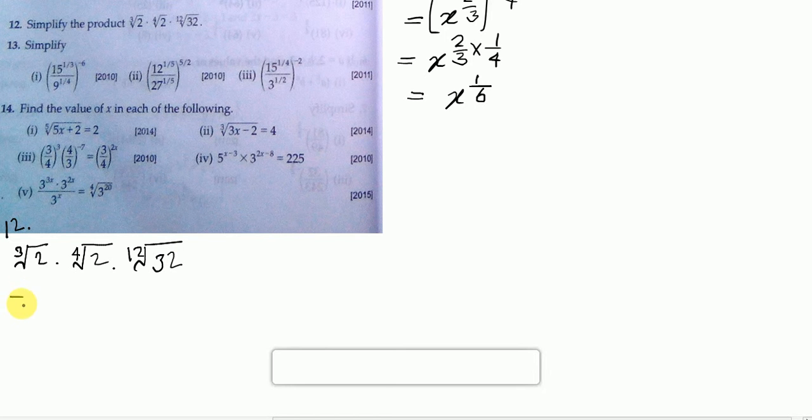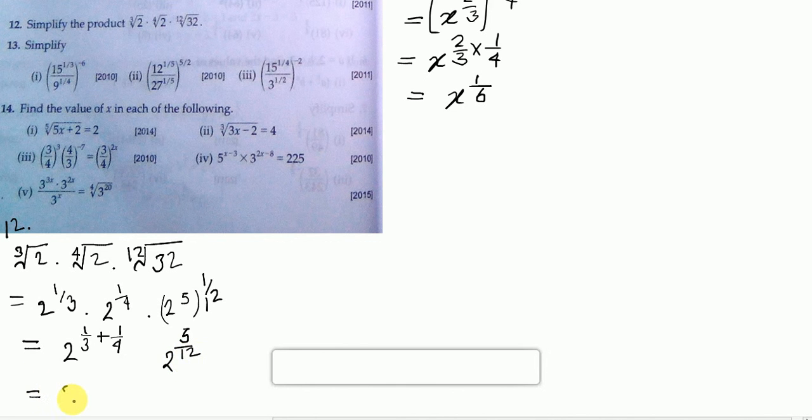Then 2 raised to the power 1 by 3 into 2 raised to the power 1 by 4 into 2 raised to the power 5, and whole raised to the power 1 by 12. So 2 raised to the power 1 by 3 plus 1 by 4 into 2 raised to the power 5 by 12.